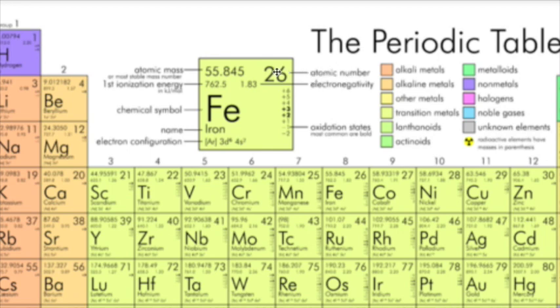It's a bit blurry, but at the top right, our atomic number is 26. Beside it, on the top left, is our atomic mass, and then the name is iron, and the chemical symbol is Fe. So the symbol is Fe, the name is iron.